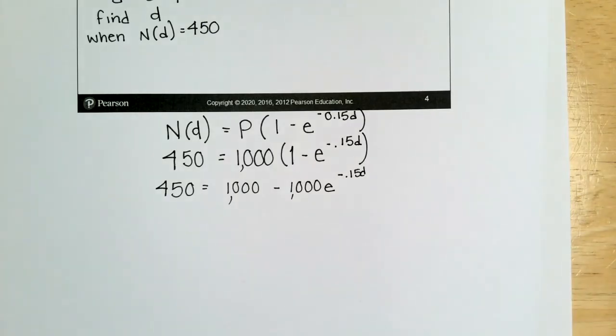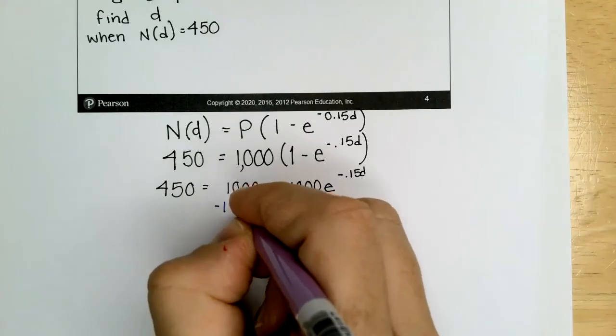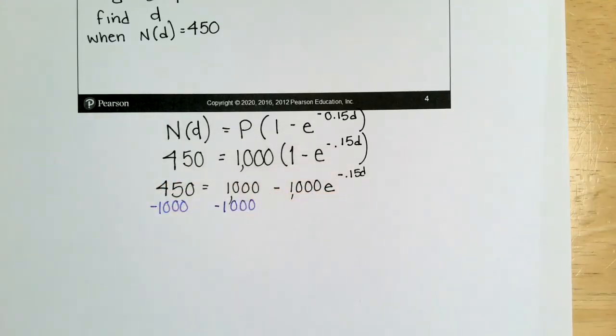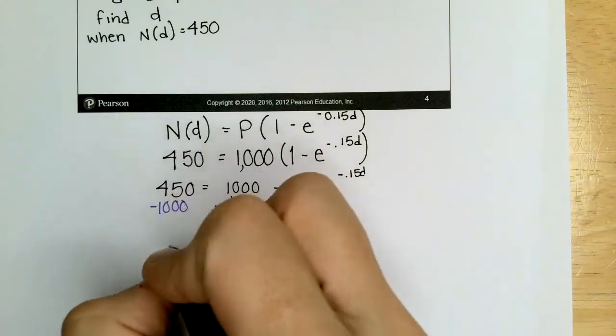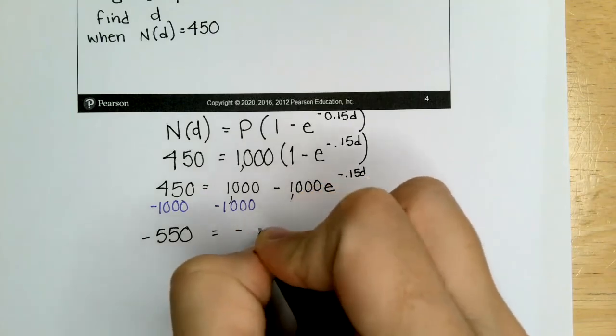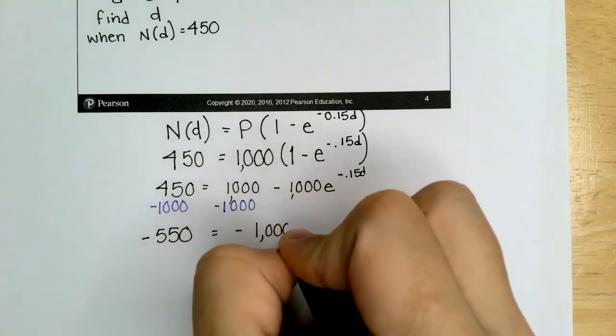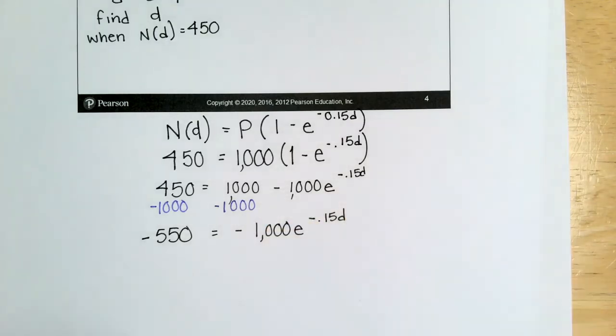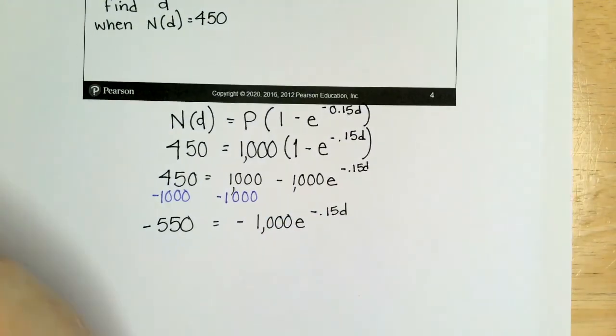So I'm going to subtract 1,000. 450 minus 1,000 is negative 550 equals negative 1,000 e to the negative 0.15d.